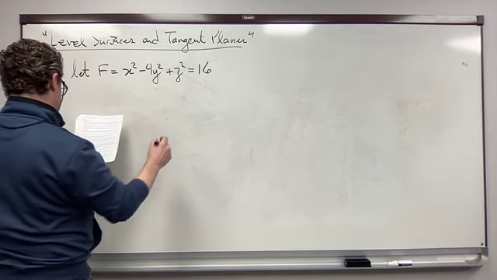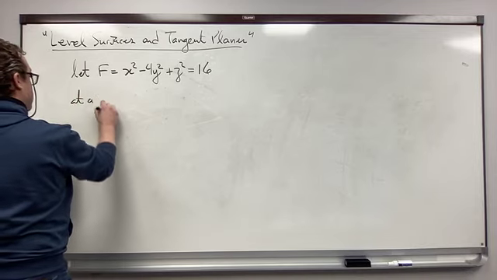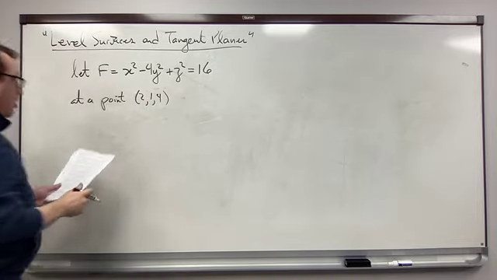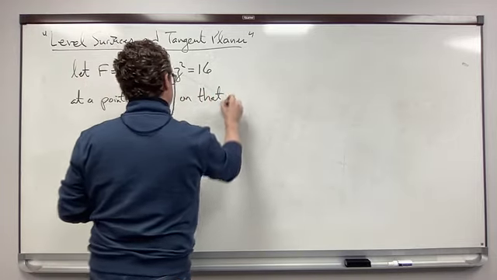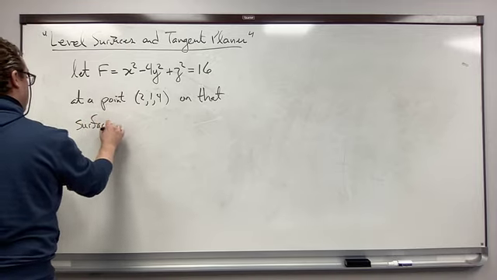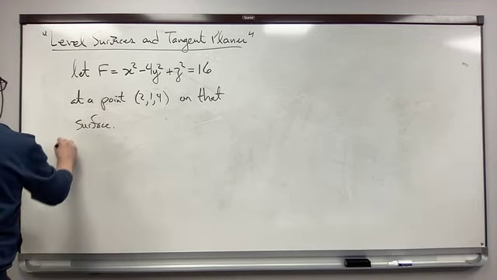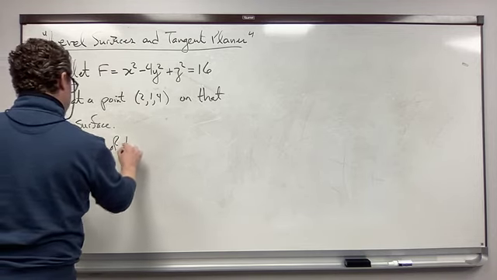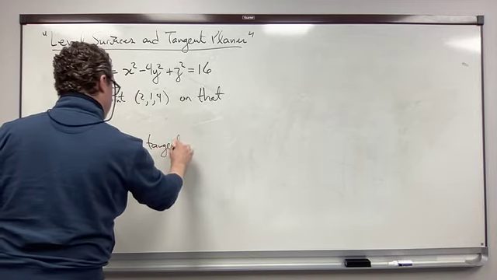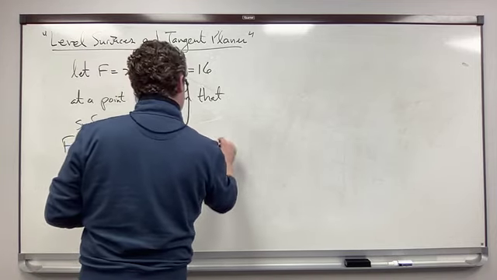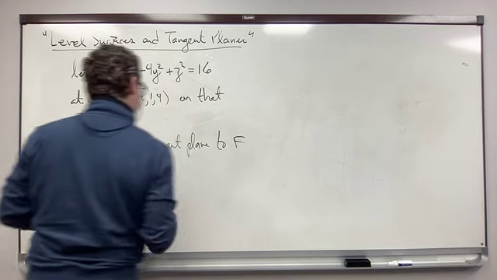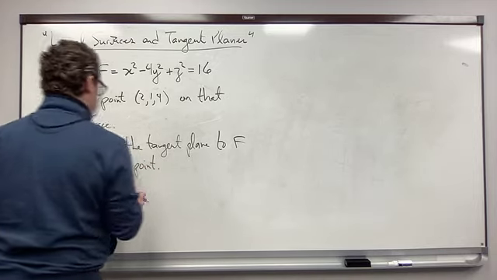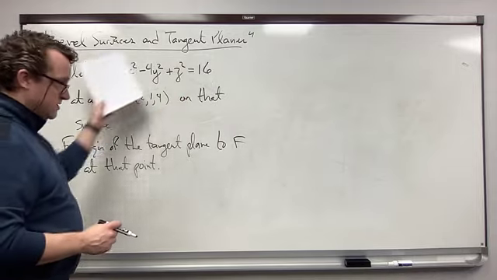Okay, this is the point I want, 2, 1, 4 on that surface, and I want to find the equation of the tangent plane to F at that point. 3D function, level surface, so it's going to be a surface.